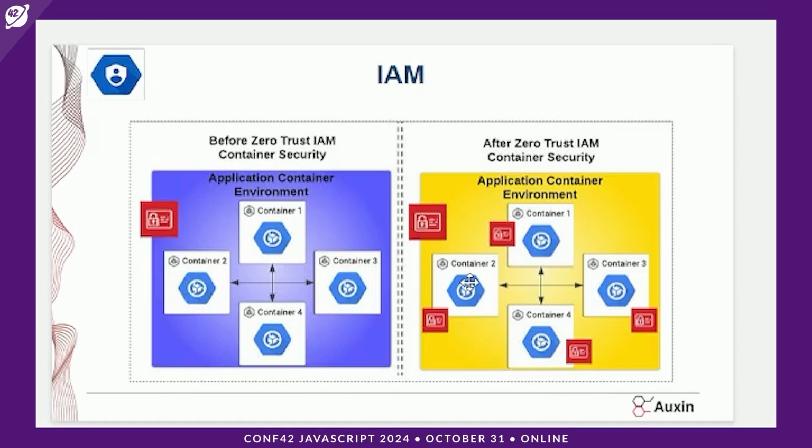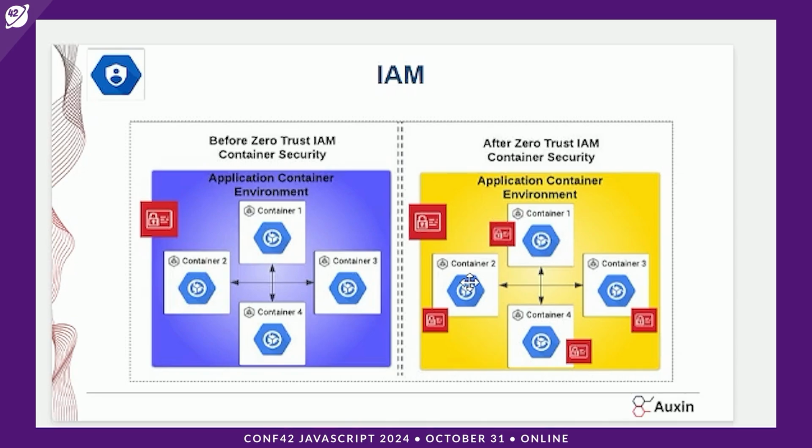Before zero trust, IAM containers have broader access, which increases the security risk, and unauthorized actions can occur across the environment. After implementing zero trust, fine-grained access control is enforced. Each container is granted the least privilege necessary to function, and access is tightly controlled based on specific rules and policies.